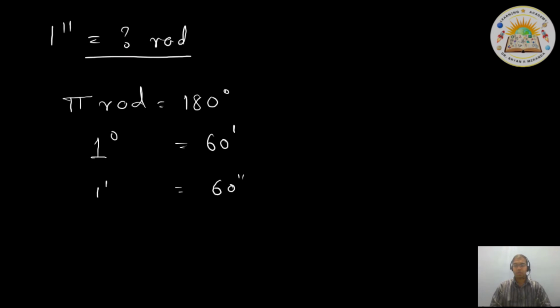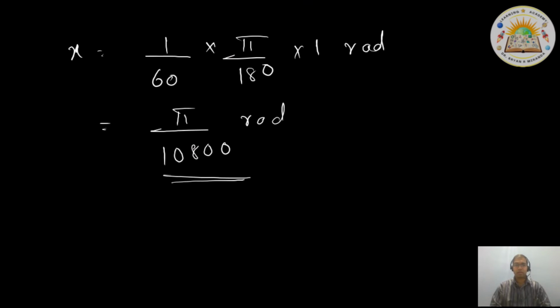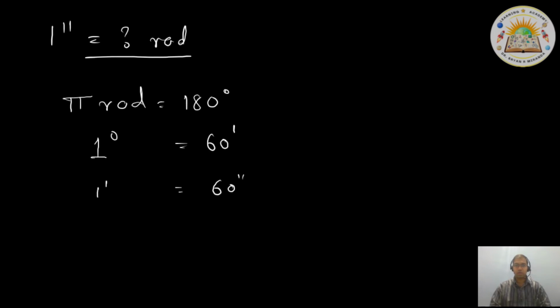We have done the previous calculation where we saw how much 1 minute is in terms of radians. So 1 minute is equal to pi by 10,800 radian. From here we can calculate how much is 1 second.